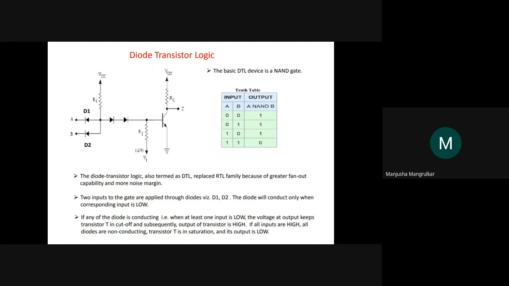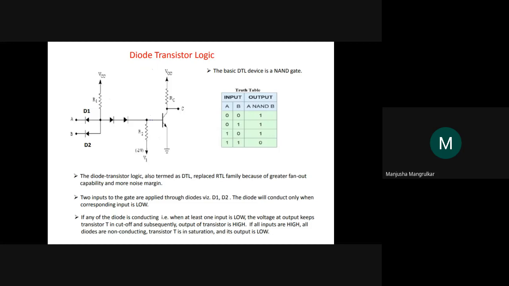If both are 1 1, this is not conducted, so VCC will come here, and both diodes will be reverse biased. So VBE is greater than the VCE voltage here. So the transistor is in the saturation region, so your C is directly connected to the ground. So when A and B are 1 1, your output will be a 0, only in that condition.